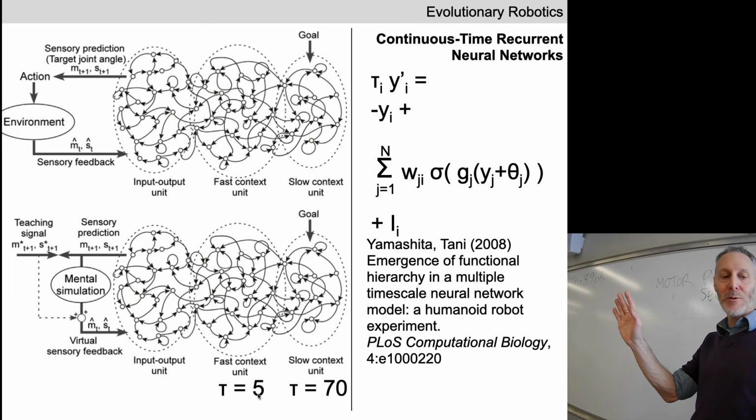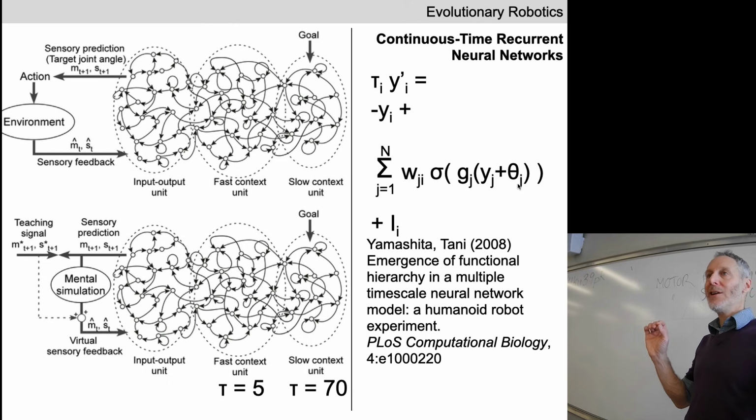What's important for our purposes is this value is much less than the time constant for these other neurons here, which are also hidden neurons, which have a tau value set to 70. So evolution does not have control of the taus. In this experiment, the investigators are setting the taus for all of these neurons, and evolution is setting the W's, G's, and thetas. Okay.